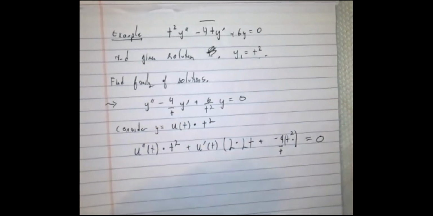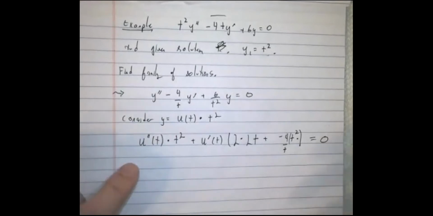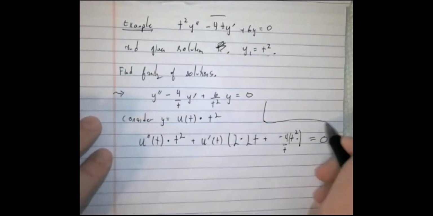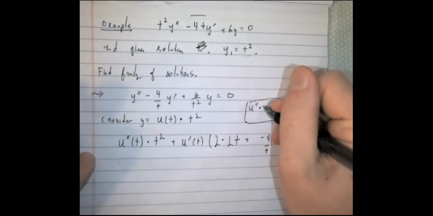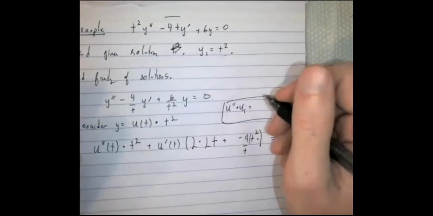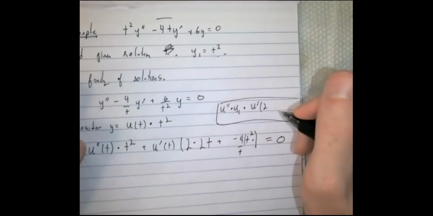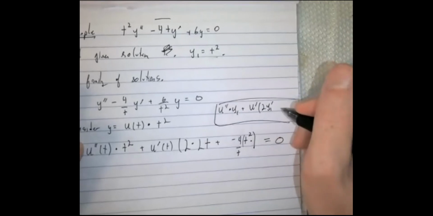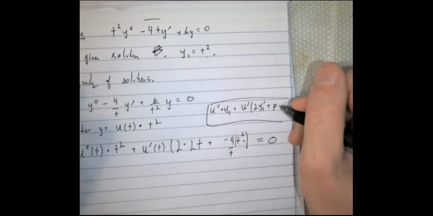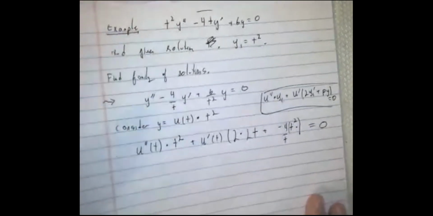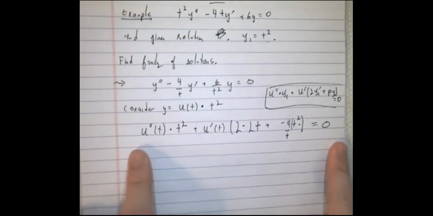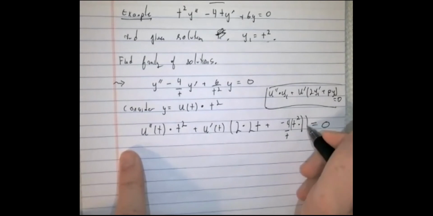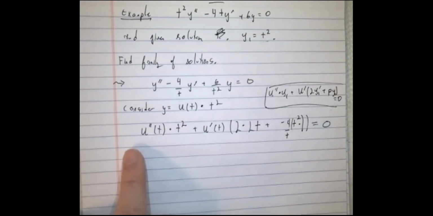This is supposed to be 0. Do we agree that this is, well, let me just write it. This is exactly the equation that we found on the last page, which is u double prime times y1 plus u prime times 2 y1 prime plus py1 being equal to 0. I'm just plugging in that here. Wait, is there an extra parentheses at the end of that equation, right around where it says like t squared? Oh, okay, there we go.